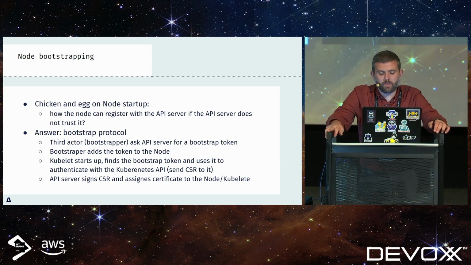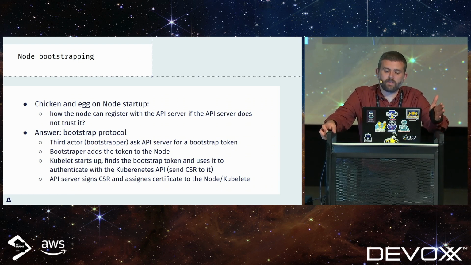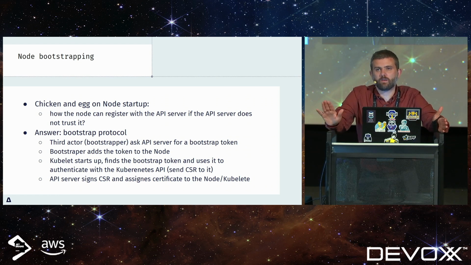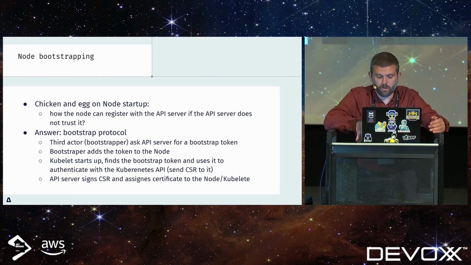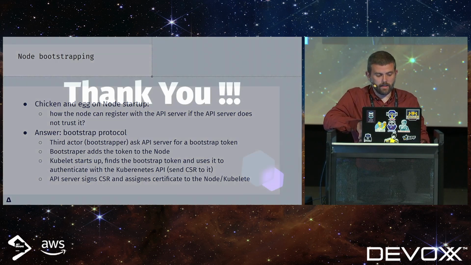It goes like this: the kubelet starts up and finds this Bootstrap token, which was placed there on the VM. It takes this Bootstrap token to the API server with a CSR, a certificate signing request, that it just created on its generated private key file, and says to the API server, I'm going to be your new node, please sign me this certificate. Then the API server signs the certificate and returns it to the new node, and from there on they can authenticate one another and talk using mutual TLS.